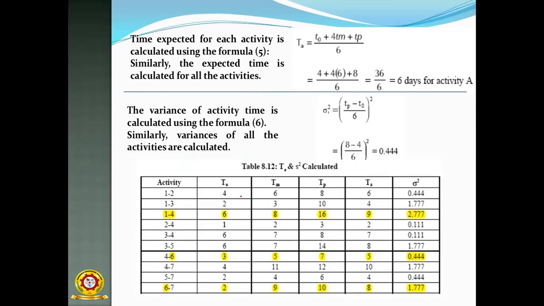So how to calculate the second activity, 1 to 3?